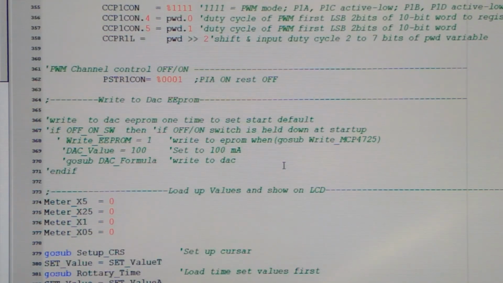It's not part of the code. It's setting up some special registers on the microchip that automatically, constantly, just as long as the oscillator is running, you're always going to have the pulse width modulation. So it's quite good. That's the microchip system.